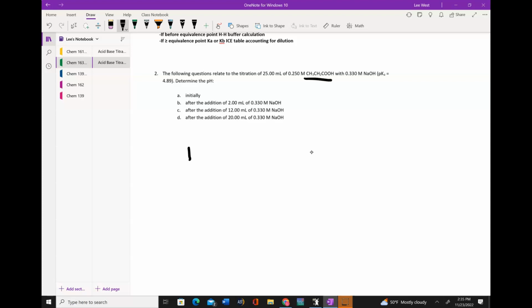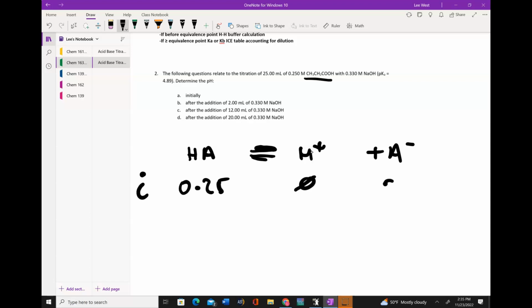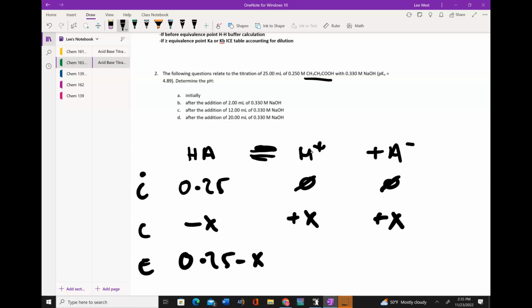I'm just going to call it HA, in equilibrium with H plus and A minus. My initial concentration is 0.25, 0, and 0. We know where this is going to go, plus x, and then at equilibrium, we will have 0.25 minus x, x, and x.